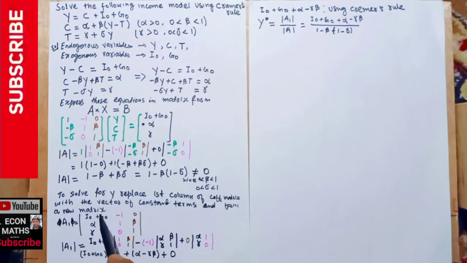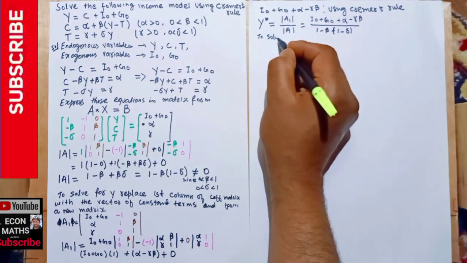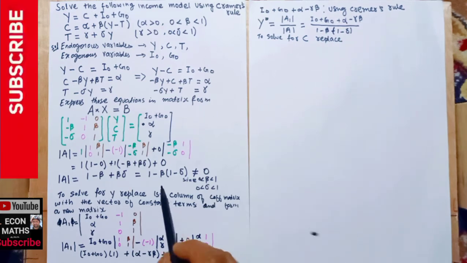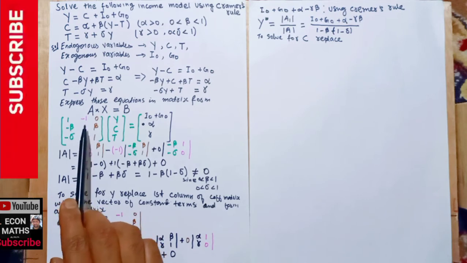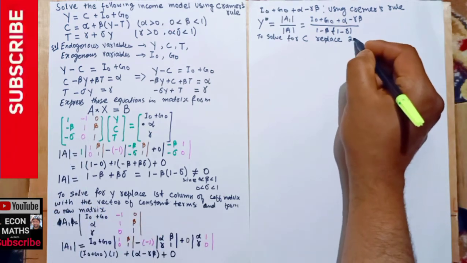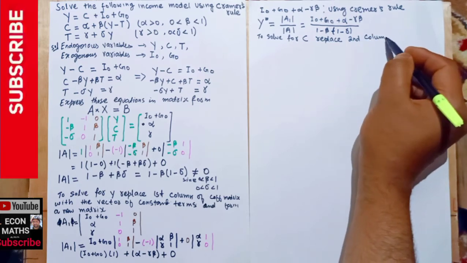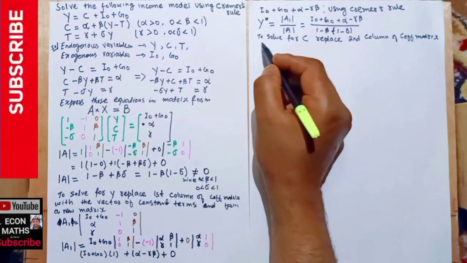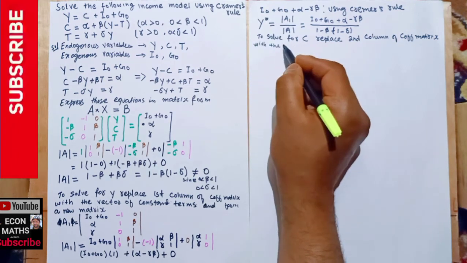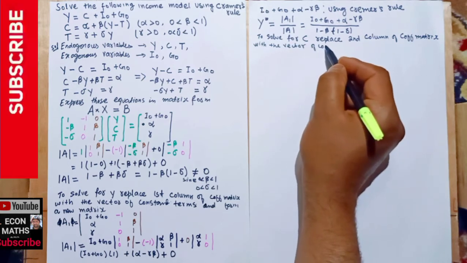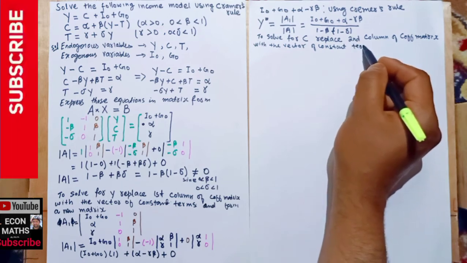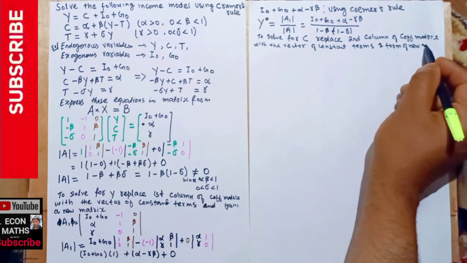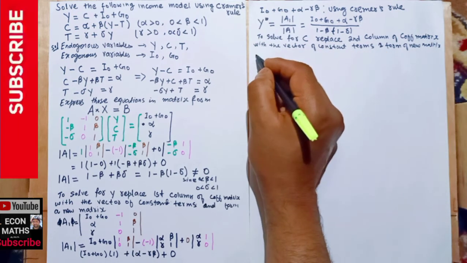To solve for C, first we replaced the first column, but in this case we have to replace the second column of the coefficient matrix with the vector of constant terms and form a new matrix, that is A2.